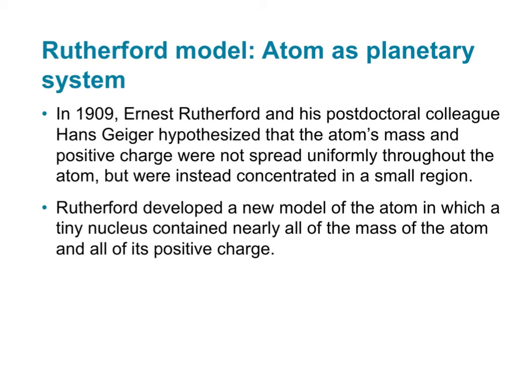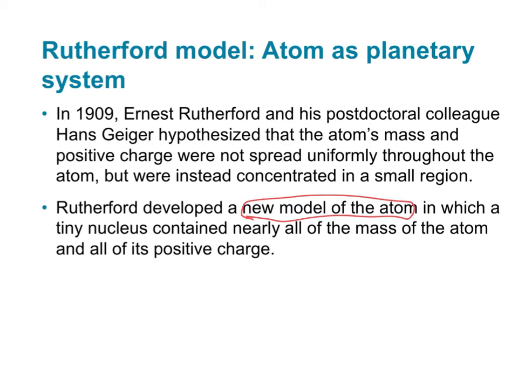And so Ernest Rutherford, who was an Australian, developed a new model of the atom. We're going to talk about his experiment because Rutherford's experiment, you may have actually seen it in chemistry class. It's a pretty famous experiment with gold foil.